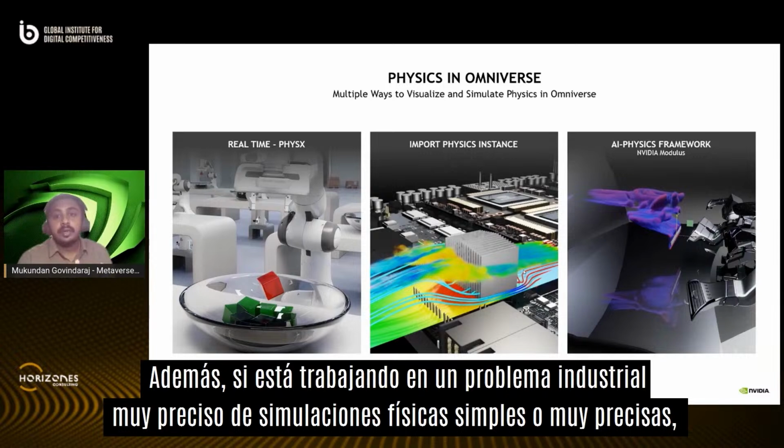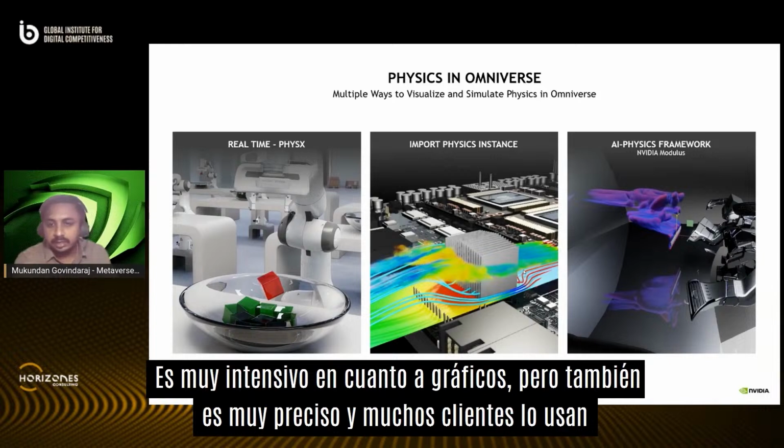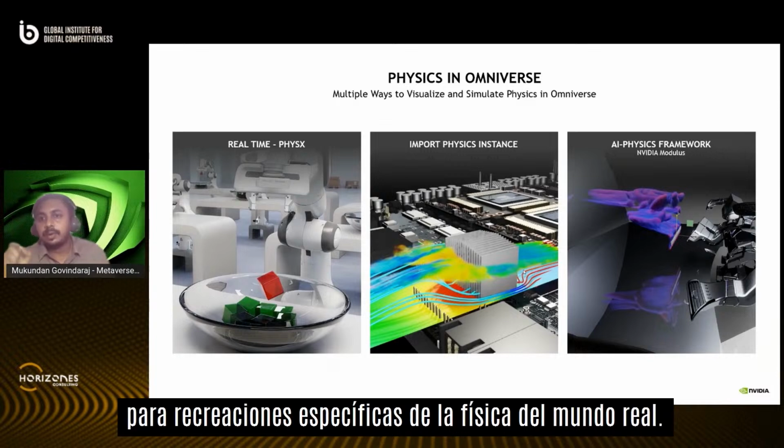Plus, if you're working on a very accurate industrial problem, which needs very accurate physics simulations, then you can also use NVIDIA's modular physics engine, which is built for industrially accurate physics simulations. It's very graphics intensive, but it's also very accurate, and a lot of clients use it for specific recreation of real-world physics.